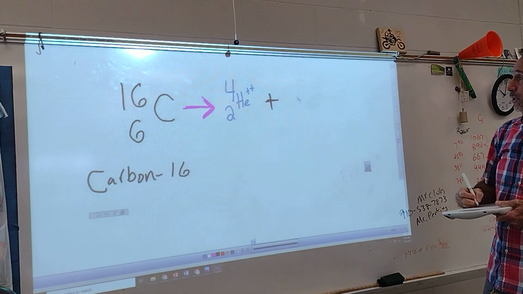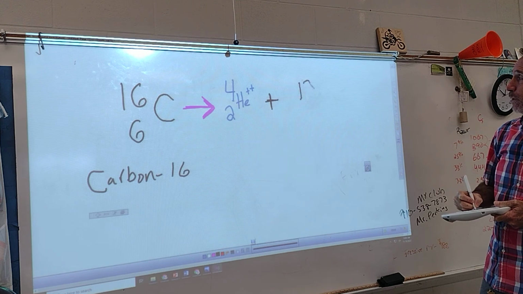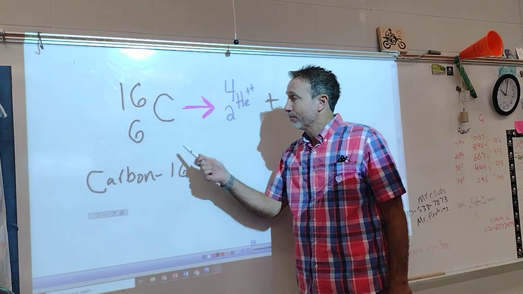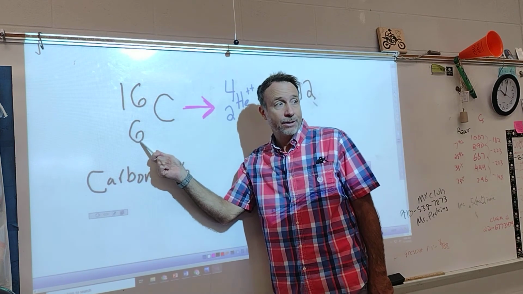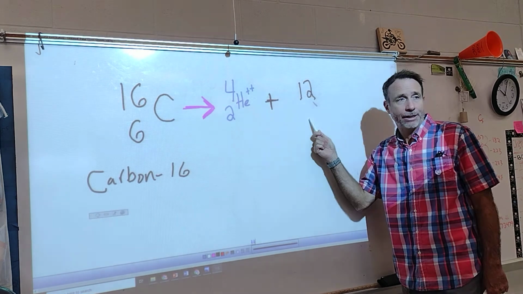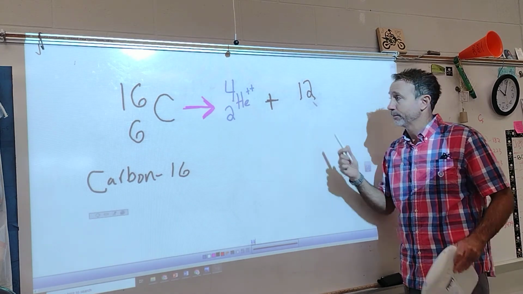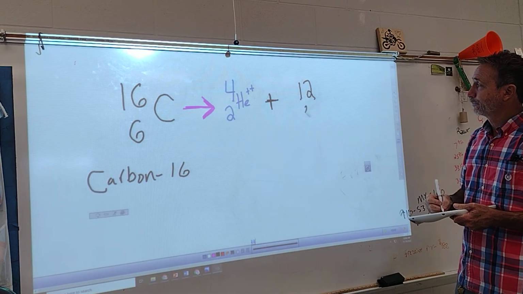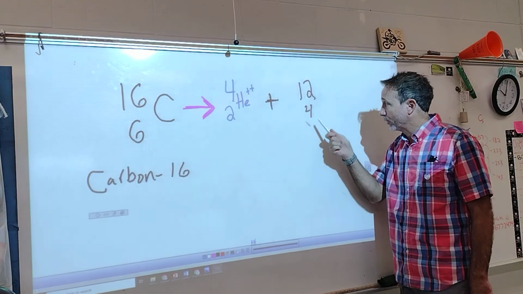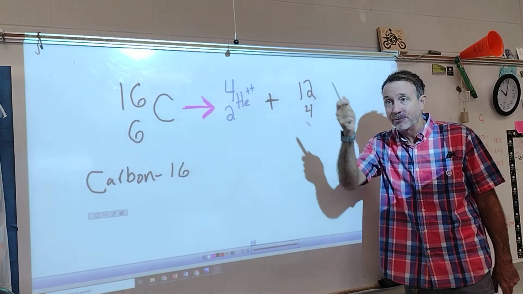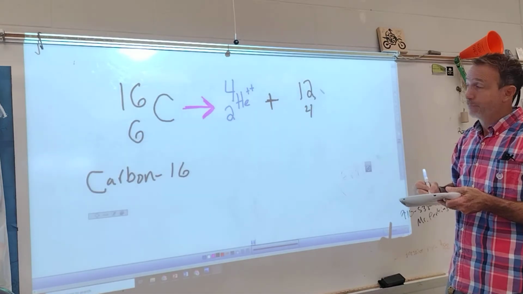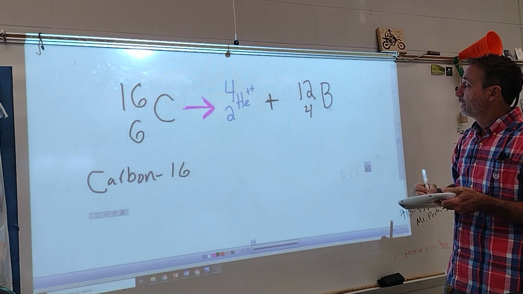Okay? So now the other particle weighs 12, and there were 6 protons, and then it lost 2 protons. So how many protons are here? 4. And what is the symbol, Zamir, for number 4 on the periodic table? Be.